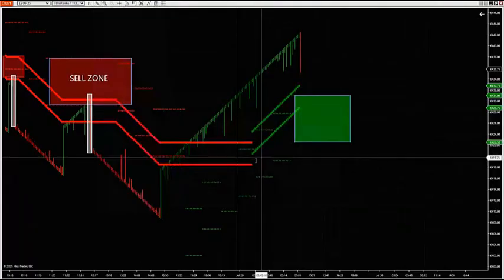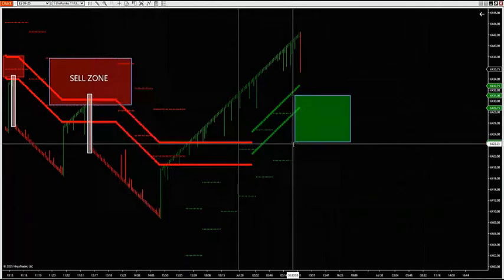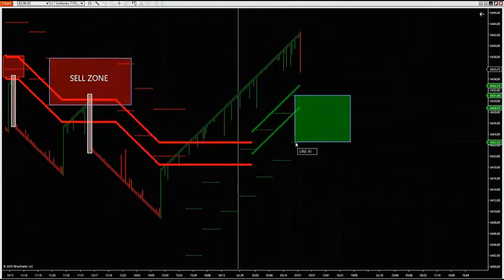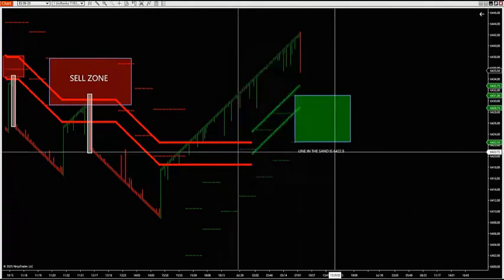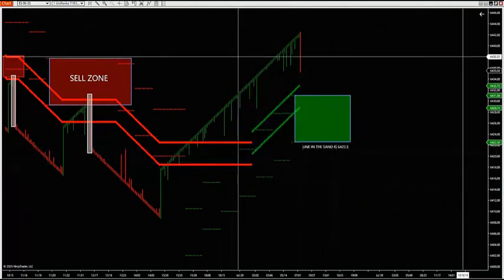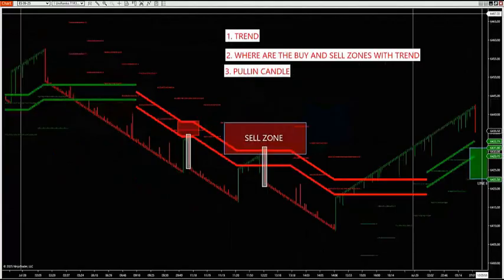The line in the sand is at the bottom end of the zone. So line in the sand in this market this morning right now until it prints another one is 64.22.5. All right, so that's a line in the sand that it cannot break. If it breaks that, then we do not have a buy setup.